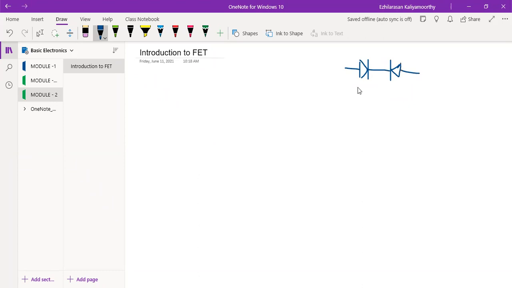If I join like this, then this is P, this center part is N, then P. So this will be your PNP. In the same fashion, NPN also. This is N, this is P, then N. So this is the NPN transistor or PNP transistor.